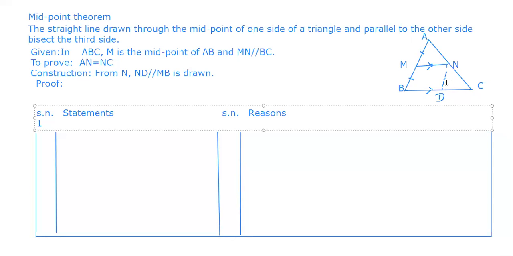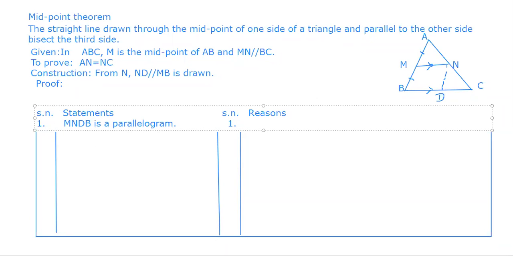For that, since these two lines are parallel, MN and BC are parallel, and BM and ND are also parallel, MNDB is a parallelogram because its opposite sides are parallel.